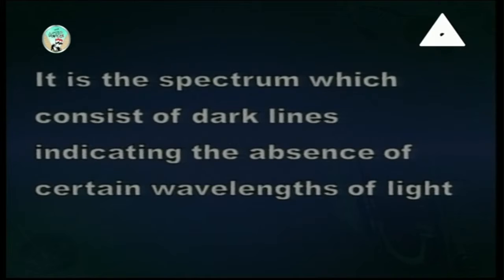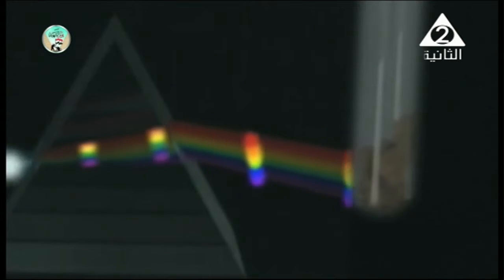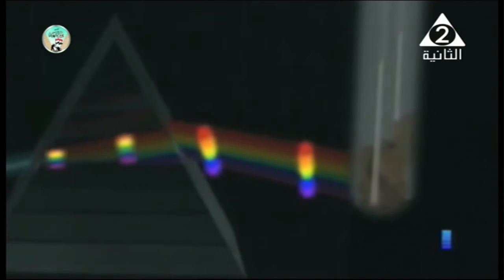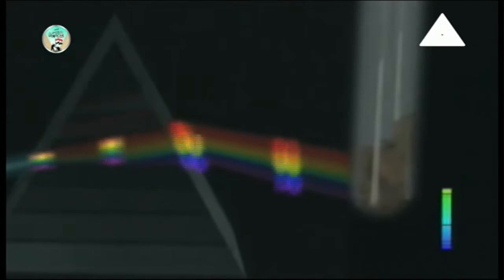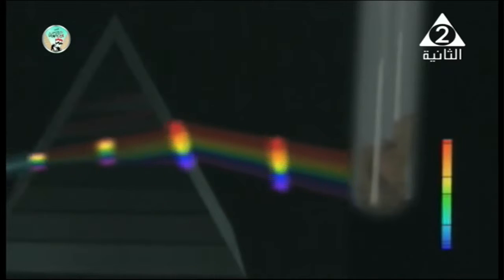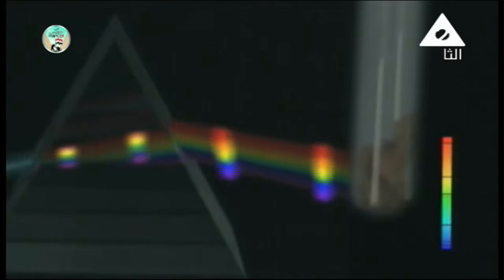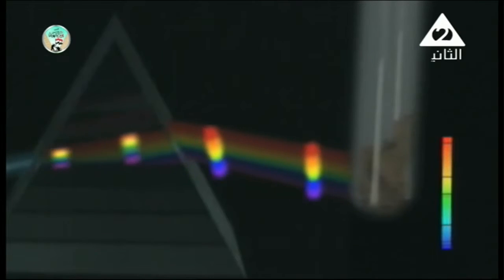So it is exactly the opposite of the bright line. Once again, it is the spectrum which consists of dark lines indicating the absence of certain wavelengths of light against the bright colored background of continuous spectrum.